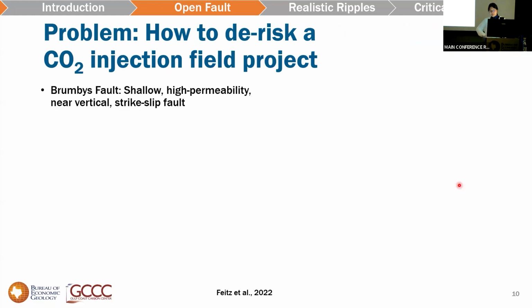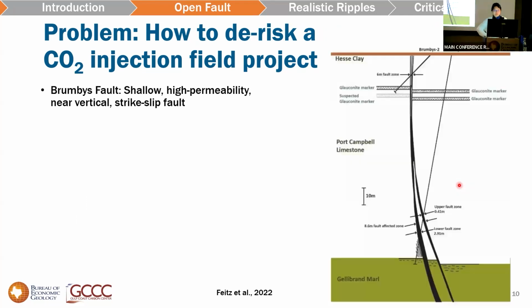So the Brumbies fault is a very well-characterized fault. It is a shallow, high-permeability, near-vertical strike-slip fault. And here's a cross-section showing what the fault looks like. So here, this curved feature is the fault. And then here, these two straight lines are two observation wells that have been drilled through the fault. It is a very shallow fault, so this is basically at the ground surface.